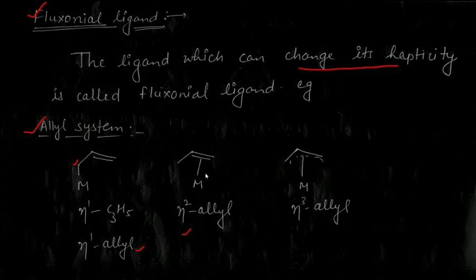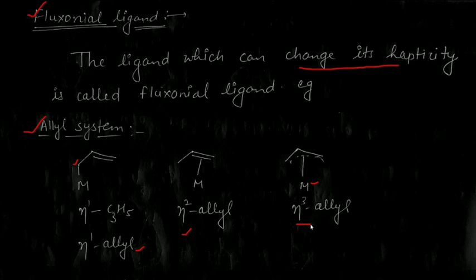And because this allyl system is resonance stabilized, all 3 carbon atoms can also attach to this metal center, so this also shows eta 3 allyl, eta 3 hapticity. So the allyl system is a fluxional ligand because it can show hapticity eta 1, eta 2, eta 3.